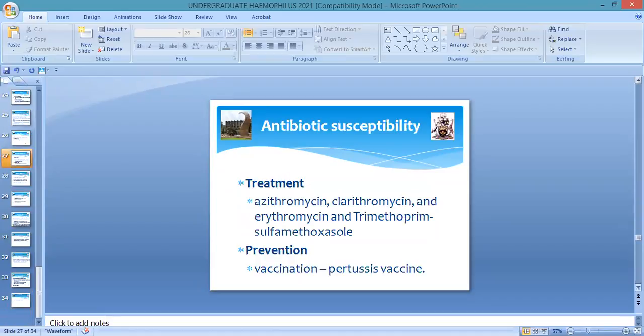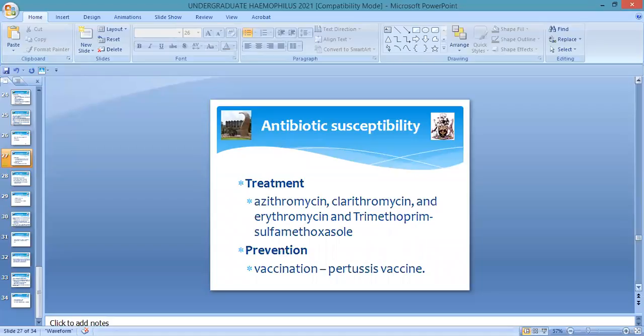So in terms of treatment of Bordetella, you can use azithromycin, clarithromycin, or erythromycin. We have a vaccine for pertussis, that's the pertussis vaccine that I told you, it's given as a pentavalent with the H influenzae vaccine.